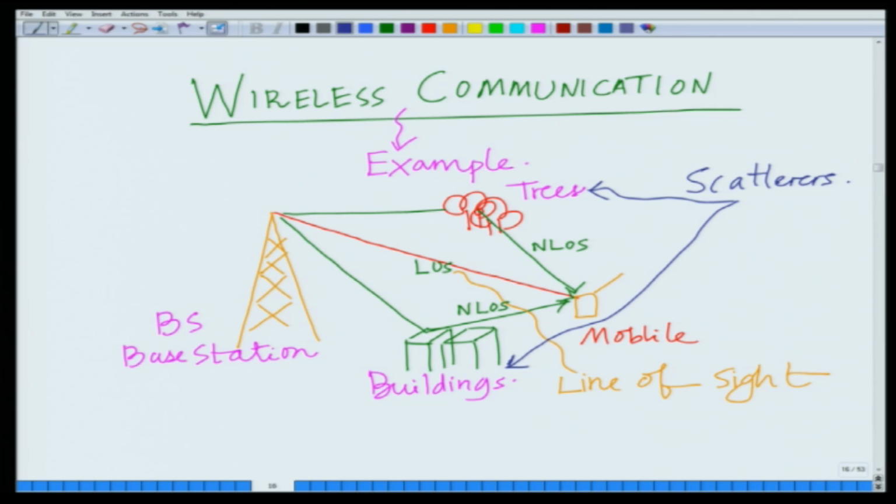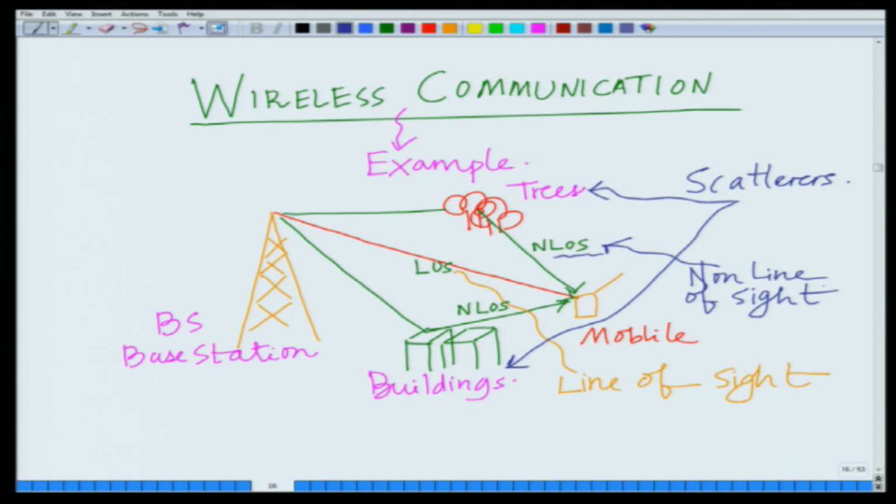So, there is one line of sight, and there are several non-line of sight components, denoted by NLOS, which are deflected or scattered by the scatterers such as trees and buildings, and which also arrive at the mobile. So, NLOS stands for non-line of sight.